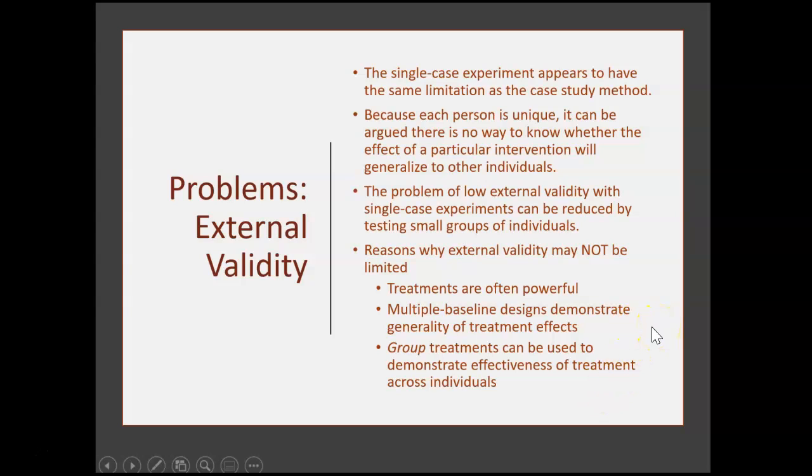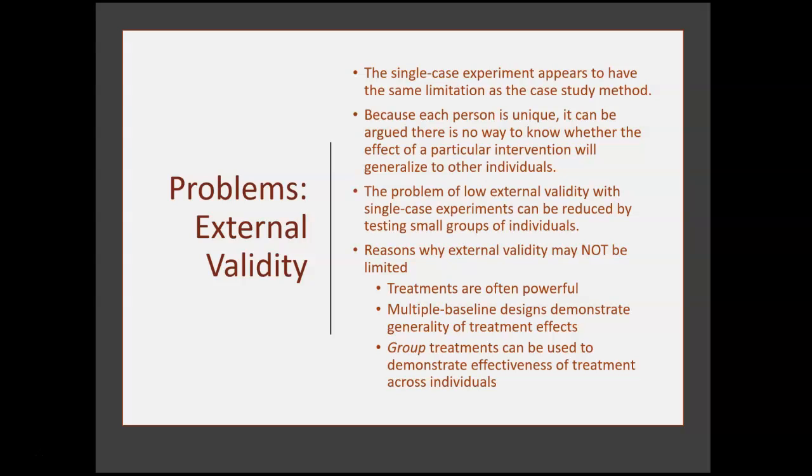Multiple baseline designs can be useful in helping you to demonstrate external validity. So if you're using the token reward system, for example, to increase positive behaviors and counter condition away from negative behaviors, if you do that with multiple behaviors in the same individual, you're demonstrating in a specific way the generalizability of that treatment approach.